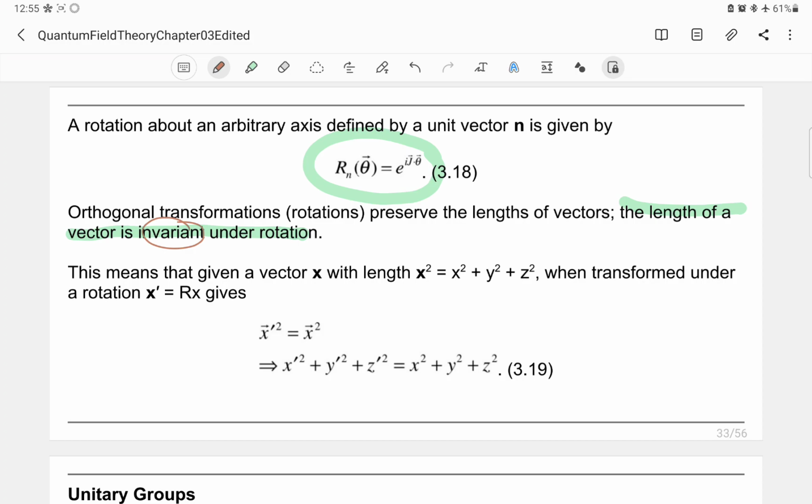This means that given a vector x with length x squared plus y squared plus z squared, when transformed under rotation, x prime equals Rx gives the same length. So this is it for this session. We will proceed with the second part of this chapter, and we'll be starting with the unitary groups.